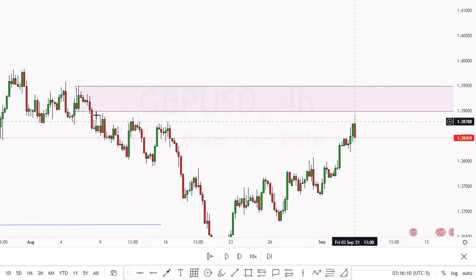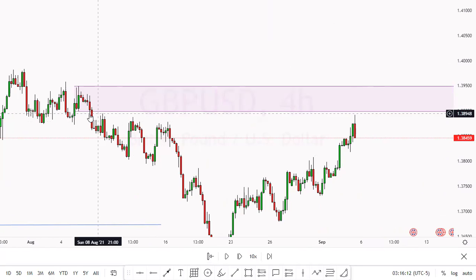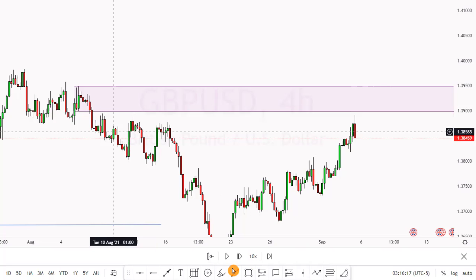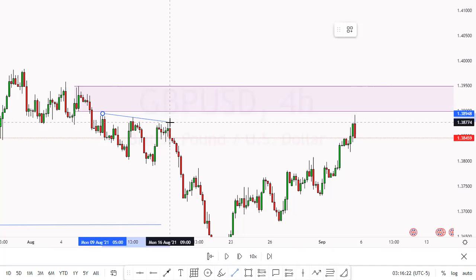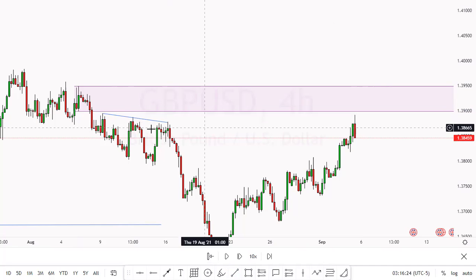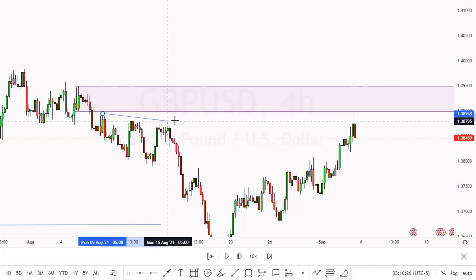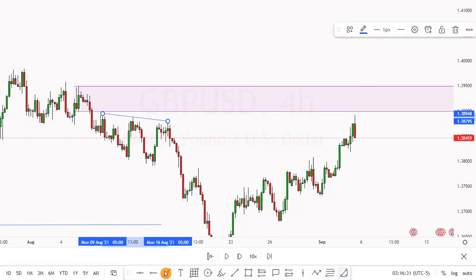Selling. What do we see here? Like somewhere here, like a trend line. Do you see them?